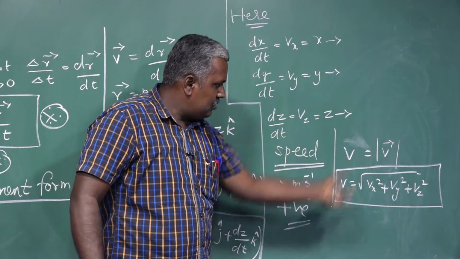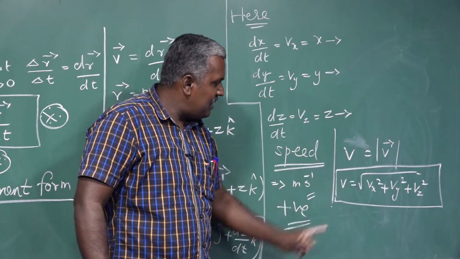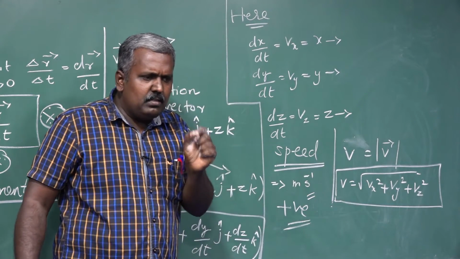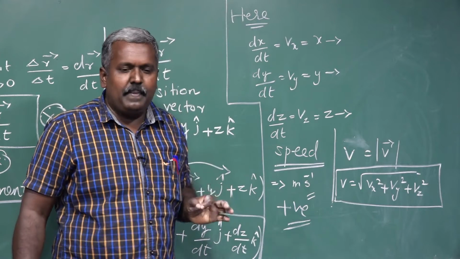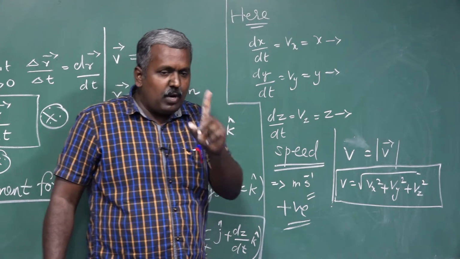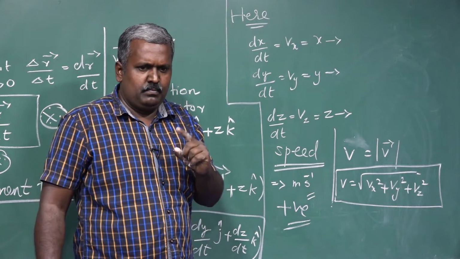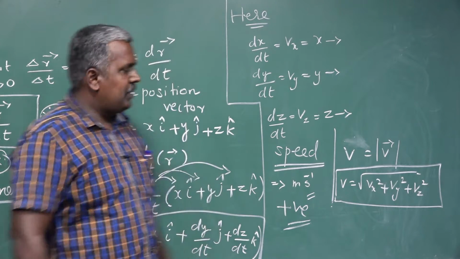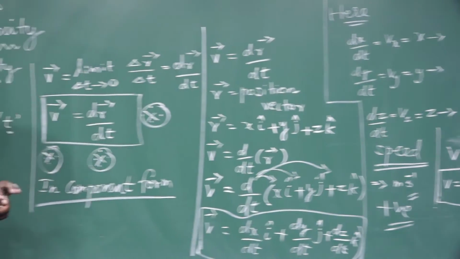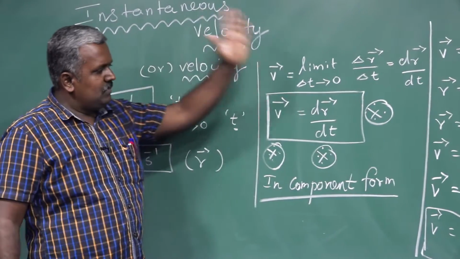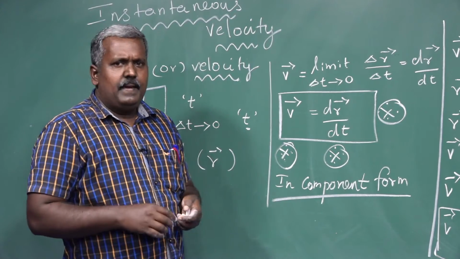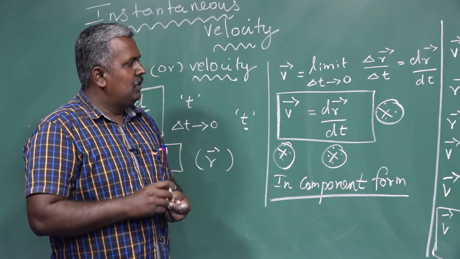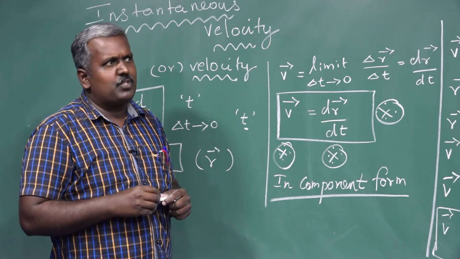While finding speed, you must compulsorily take only the magnitude of velocity. Clear? Go through this. Any doubt? Come and ask, no problem. Shall we move to the next?